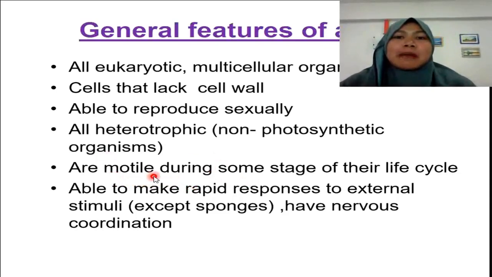Motile here means able to produce motion. Next, animals must be able to respond to stimuli, except for sponges, which are not even able to move, so they cannot respond to external stimuli. Animals also have a nervous system, or nervous coordination. We are going to touch on this a bit further.